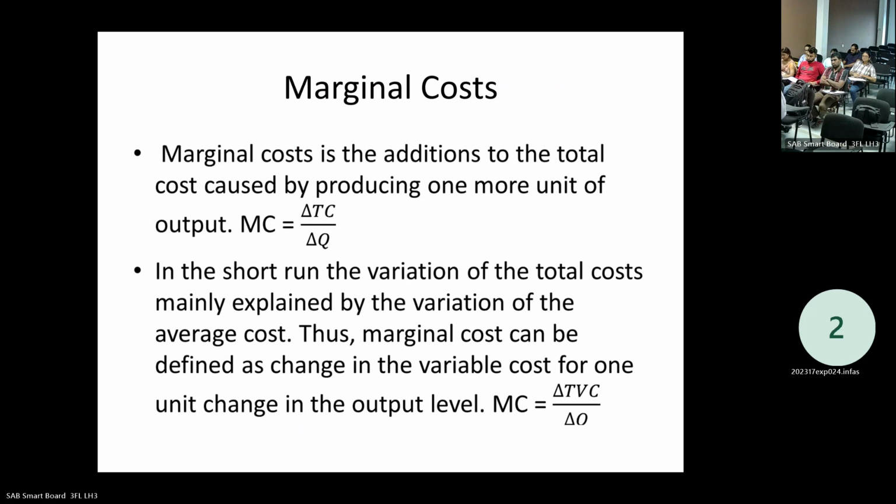So the marginal cost is also the same. Earlier we wrote marginal cost as delta TC divided by delta Q, total cost divided by change in output. But now we can write it as delta TVC divided by delta Q. Agree or not?